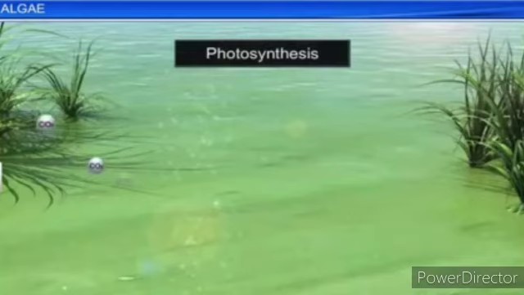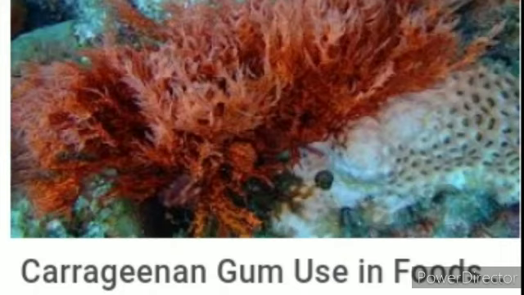They are of paramount importance as primary producers of energy-rich compounds, which form the basis of the food cycles of all aquatic animals. Many species of Porphyra, Laminaria and Sargassum are among the 70 species of marine algae used as food.